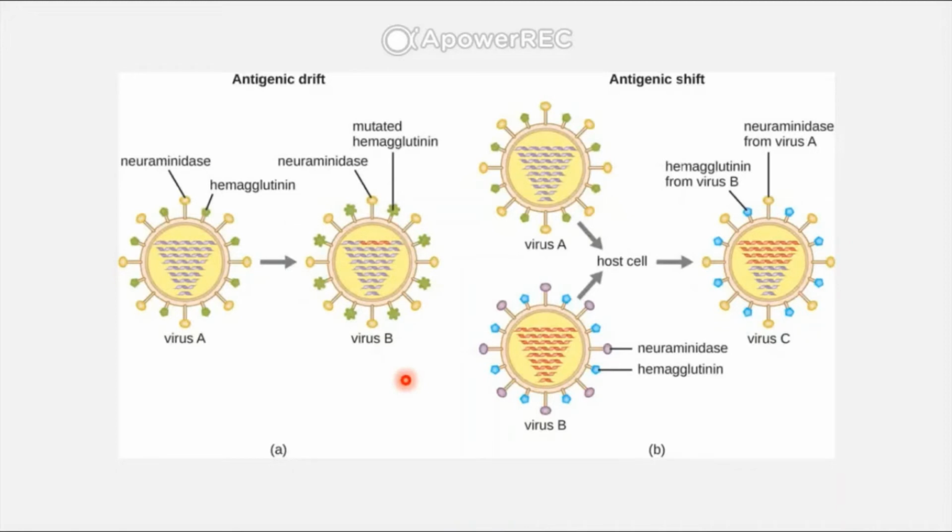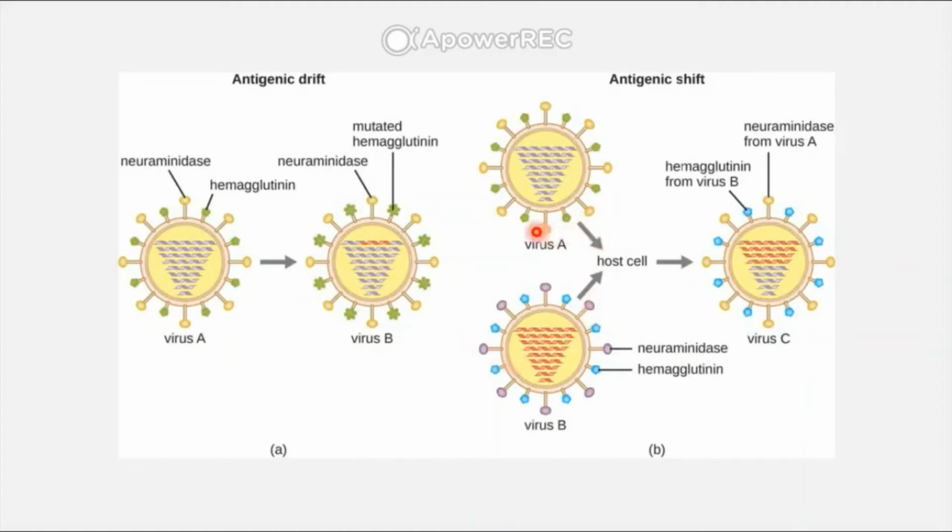Antigenic shift is much different. Antigenic shift is the process by which two or sometimes even more different strains of viruses can combine to make a new subtype, which has a mixture of the two surface antigens of the two or more original strains.